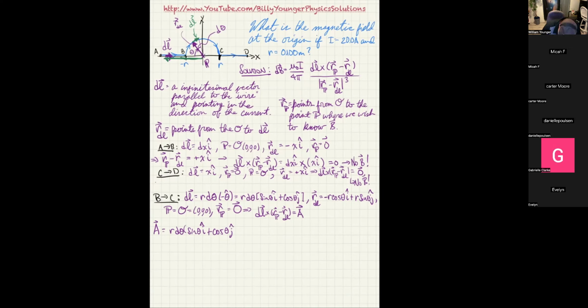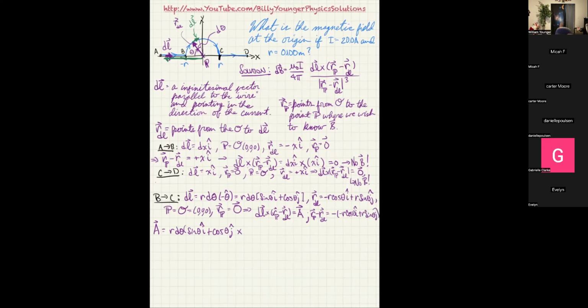So there's my DL. That's going to be crossed with RP minus RDL. We know that RP minus RDL is just, actually, I'll write it right here. RP minus RDL is just equal to the negative of negative R cosine theta I hat plus R sine theta J hat.